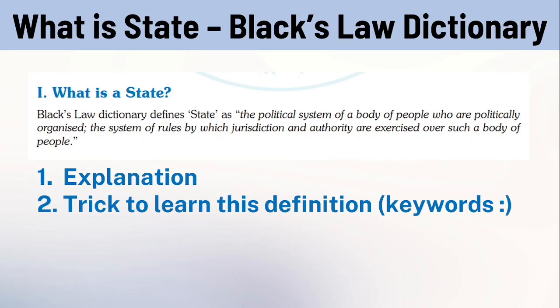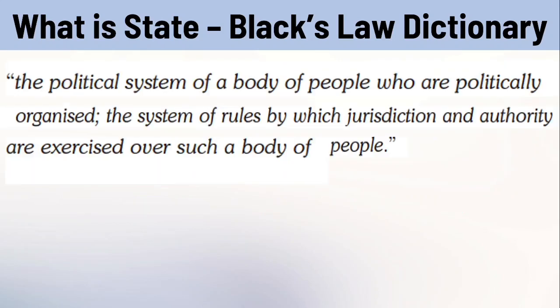We'll get an in-depth explanation of all the words in the definition. Firstly, the explanation. This is the definition of the state from Black's Law Dictionary. I've zoomed it up, and I'll be going through each keyword and explaining what that means, to give you an entire explanation of this definition and how it captures the definition of a state.